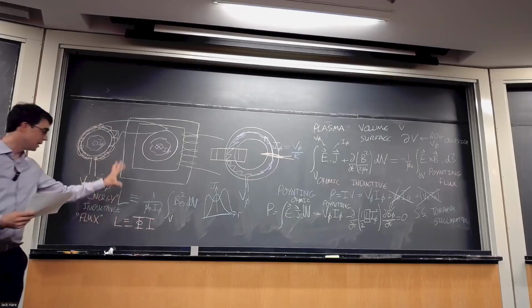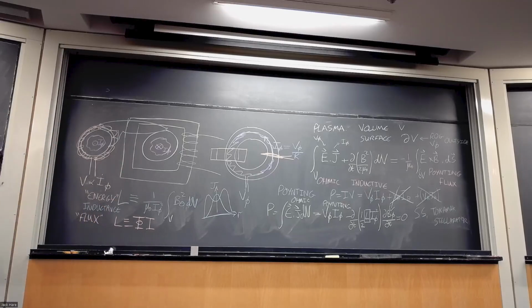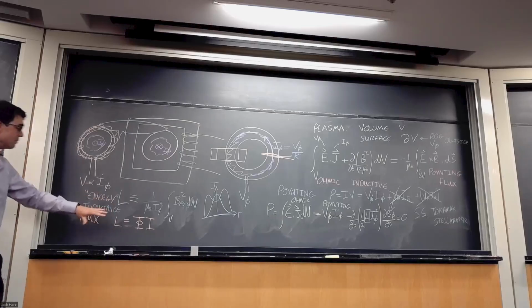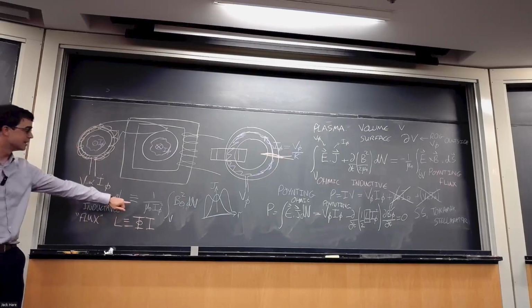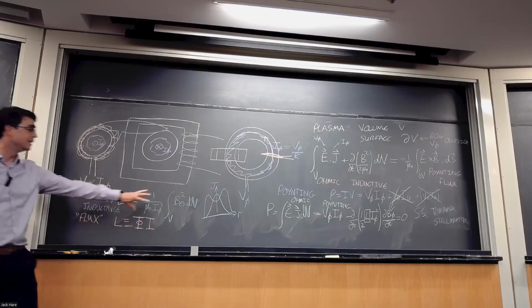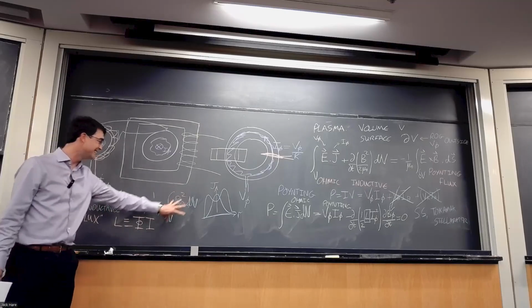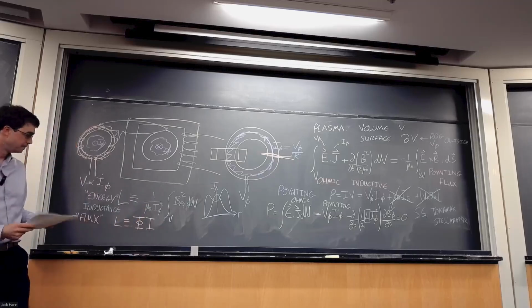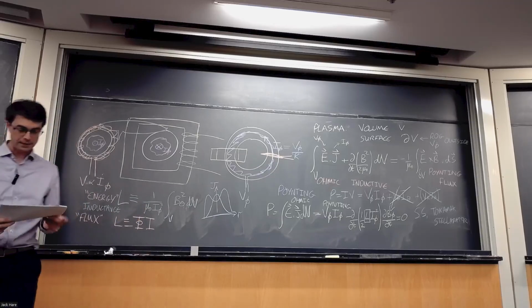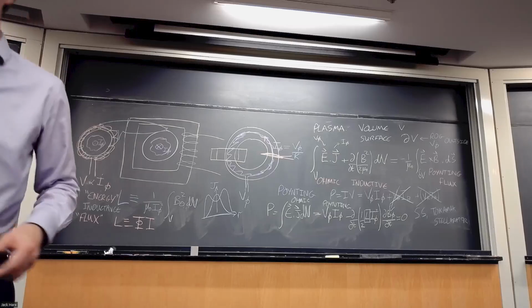And if you want to plunge into Jackson or some other equivalent electromagnetism textbook, you can have a look at it. For the purposes of this, if you've ever seen this definition of inductance, it's not the one we're using here today. We're using this definition of inductance, which is the total magnetic energy over the current squared instead. Okay, questions on this before we move on?